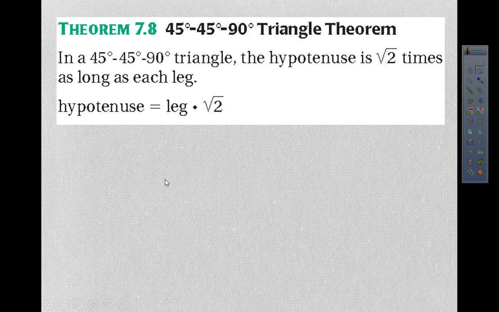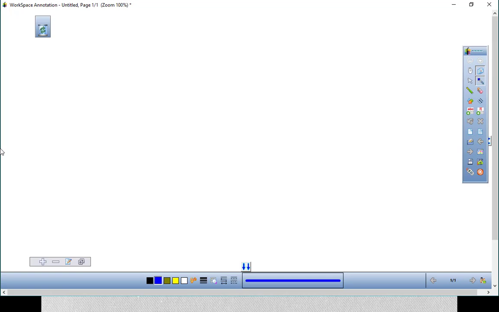So here's a little theorem. It says whenever you have a 45, 45, 90-degree triangle, the hypotenuse is square root 2 times the length of each side. Let me give you a picture of what this might look like. I'm going to try and draw a right triangle.